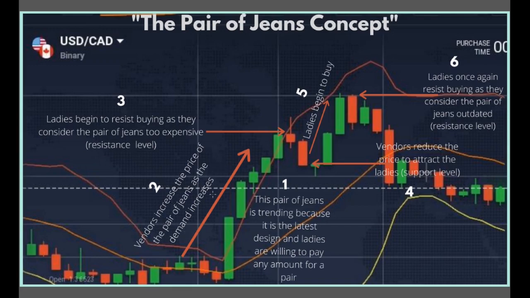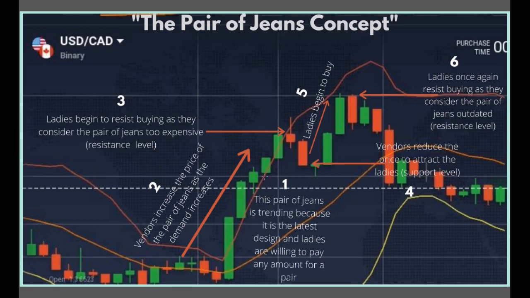In this case, the pair of jeans is very lucrative, and the vendors capitalized on that fact. Because the pair of jeans is trending and moving fast, the vendors have decided to increase the price, and you can see the movement from down up.